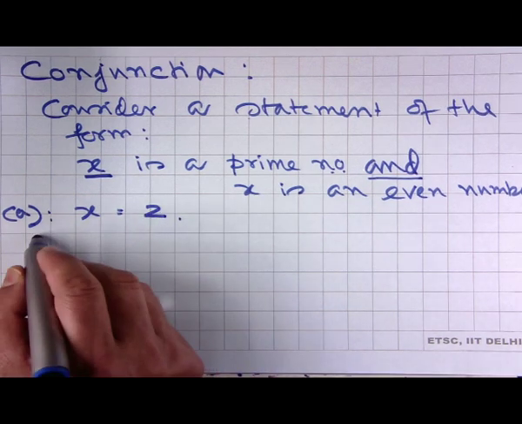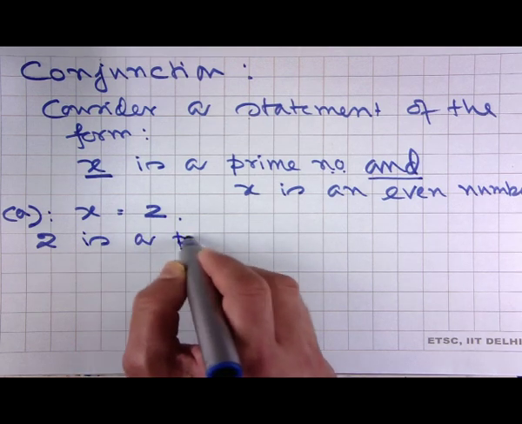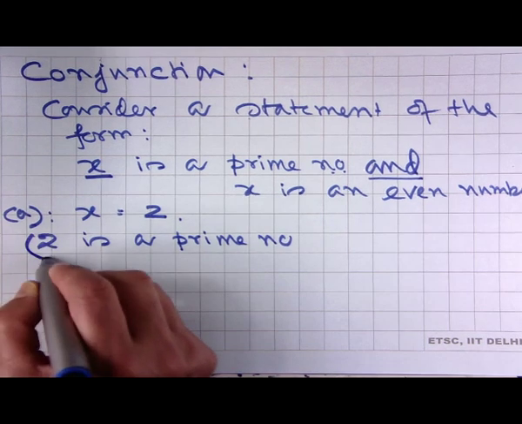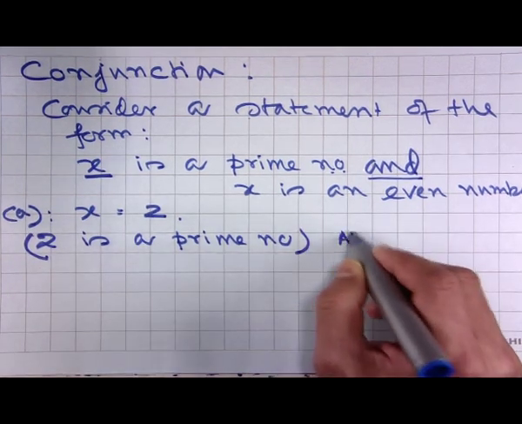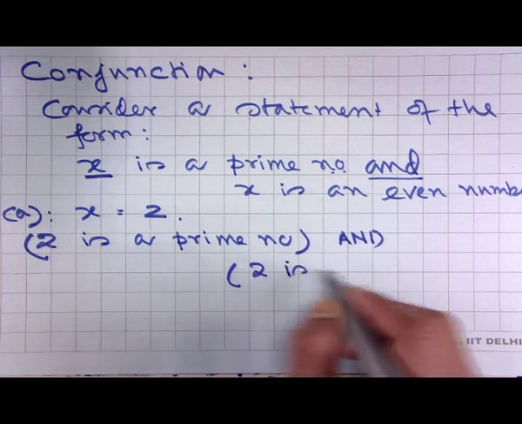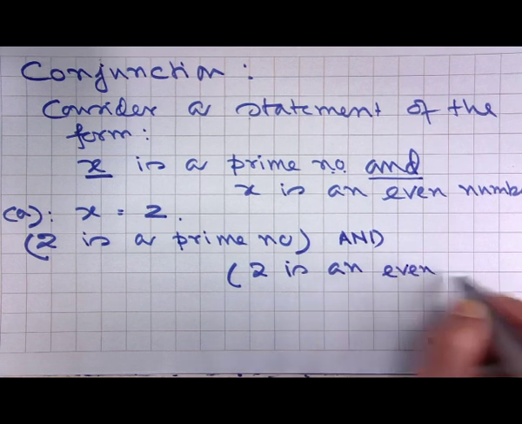The statement now becomes: 2 is a prime number and 2 is an even number.